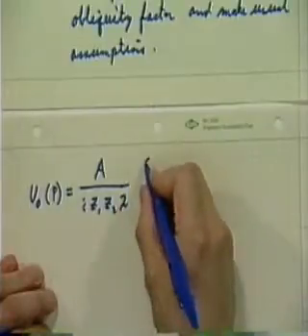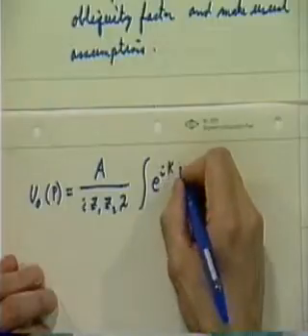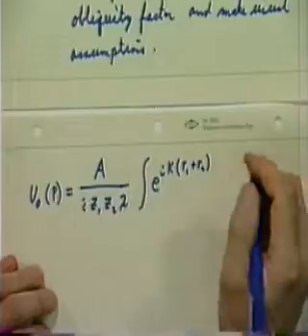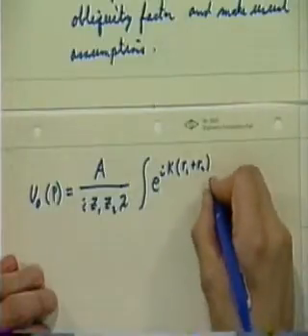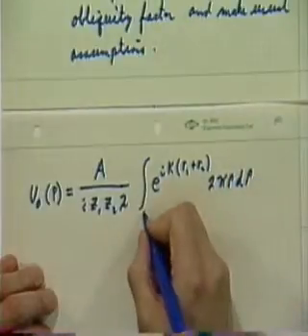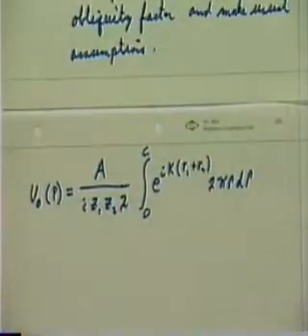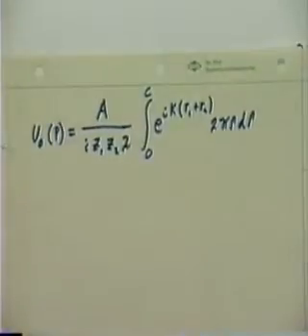And the integral here, e to the ik, R1 plus R2. And we want to integrate over this aperture, so that's 2 pi rho d rho, and rho goes from 0 to whatever this crazy radius was, c.